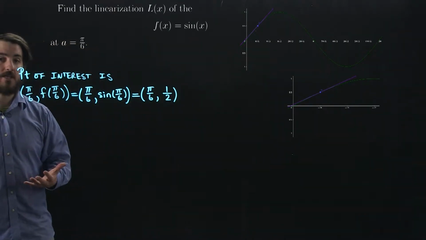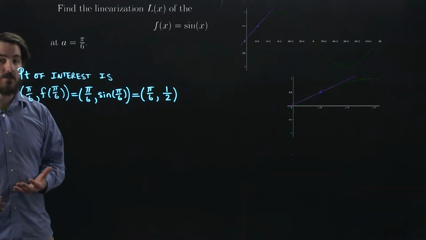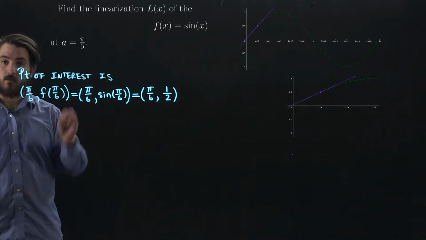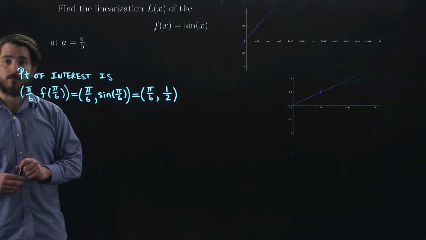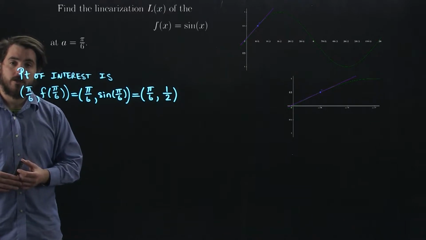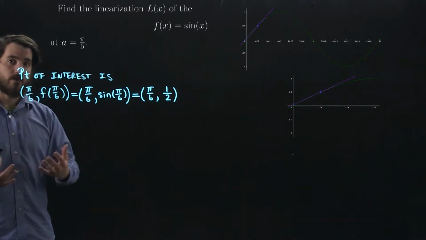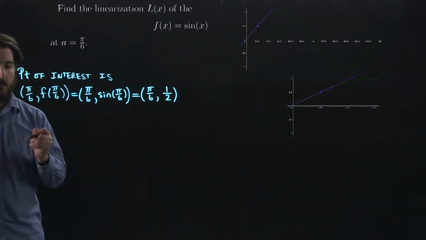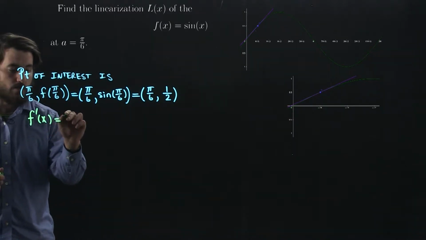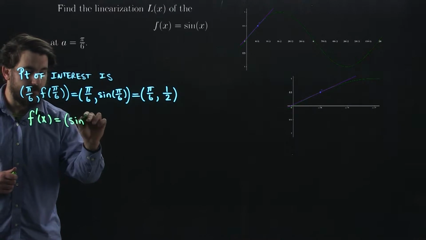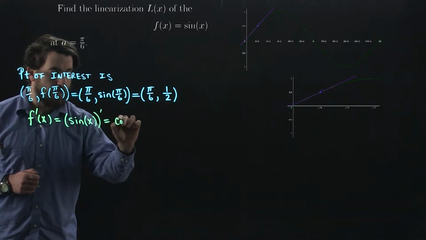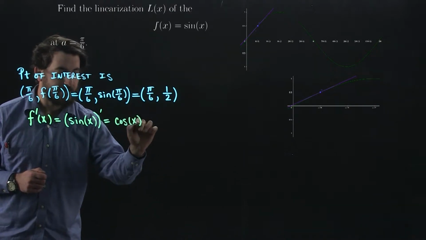Now, in order to construct a tangent line equation, I need a tangent slope. That means I need the derivative. The derivative is what spits out tangent slopes. You provide the derivative with an x, and it returns the tangent slope. So f prime of x equals the derivative of sine of x, which is cosine of x.